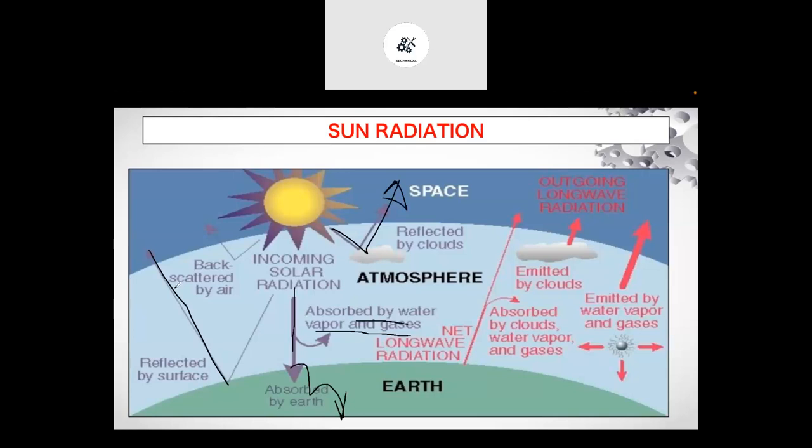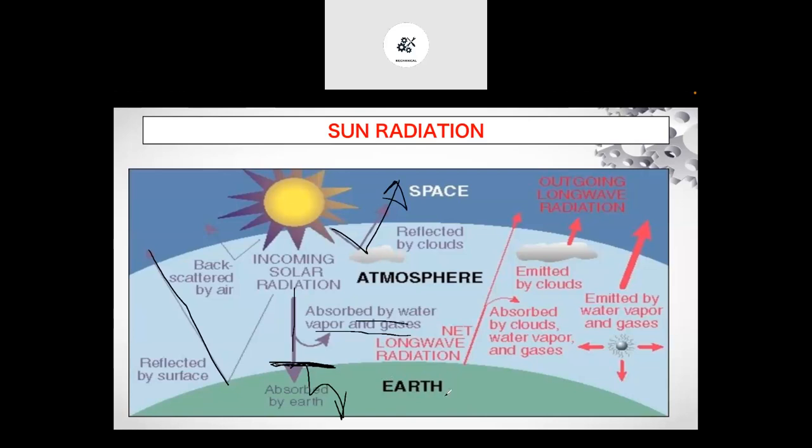This reflected radiation may be absorbed by other gases, or it may be directly reflected to outer space, whatever happens. Whatever radiation is actually incident on the earth's surface, that much radiation energy we have to use. This radiation energy is used to generate electricity and for all other solar applications.